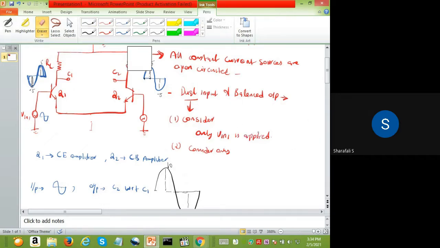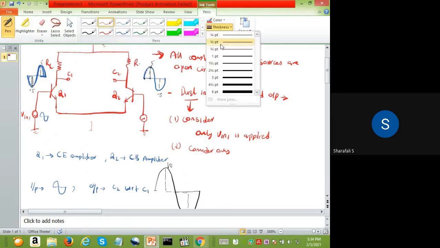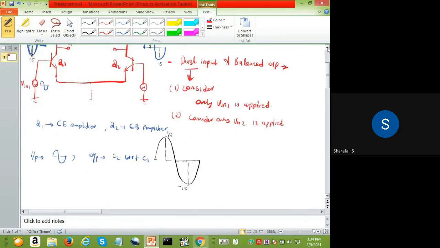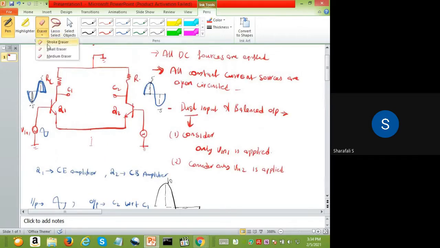Consider only Vin2 is applied, because Q2 is also active at that time. Okay. Second case. And in that case, the same scenario, so here we are applying that signal now.